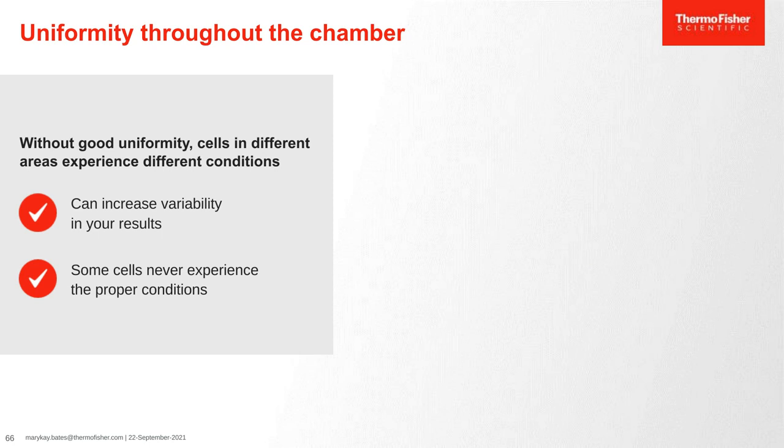Uniformity throughout the chamber. I've talked about this a few times. Why is this important? Without good uniformity, that means that cells in different areas experience different conditions. So if you have some culture vessels in the top left or some in the bottom right of the incubator, and there isn't good uniformity, then that can result in variability in your results, and some cells may never experience the proper conditions, such that in the end your cell therapy doesn't meet your quality and characteristic analysis that is required.